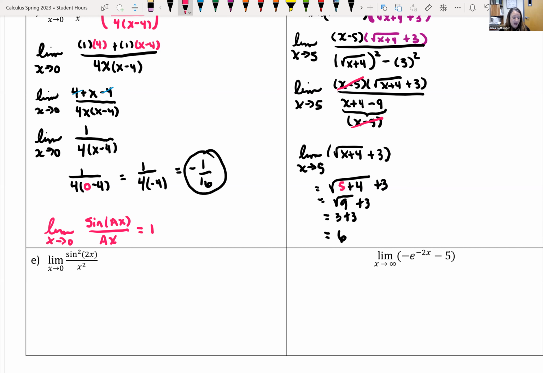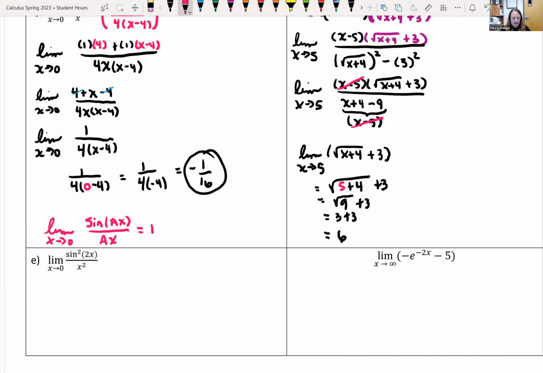So sometimes if we have a limit and we have sine in there, we want to manipulate this. Again, if I had done direct substitution, and that's really where I want to start, I would have gotten 0 over 0 because sine of 0 is 0 and 0 squared is 0.